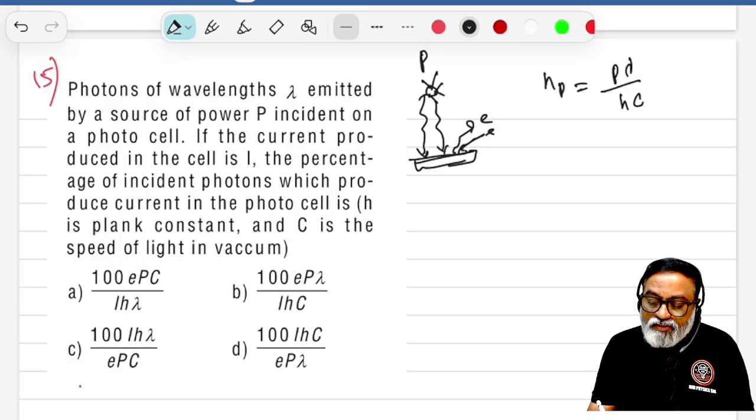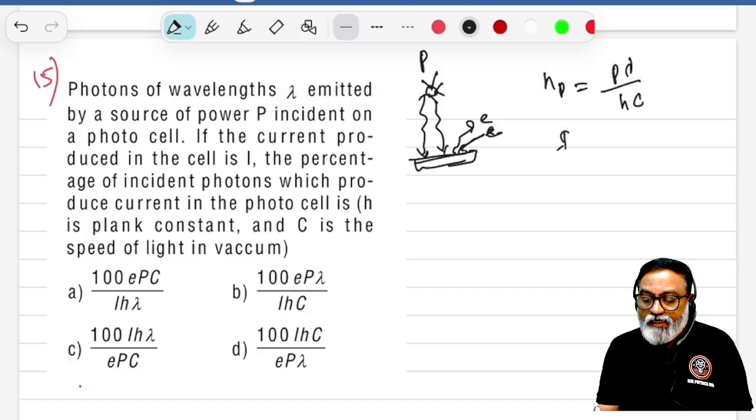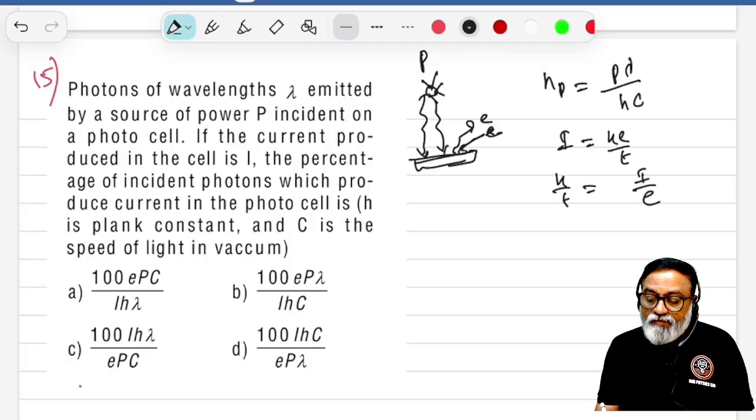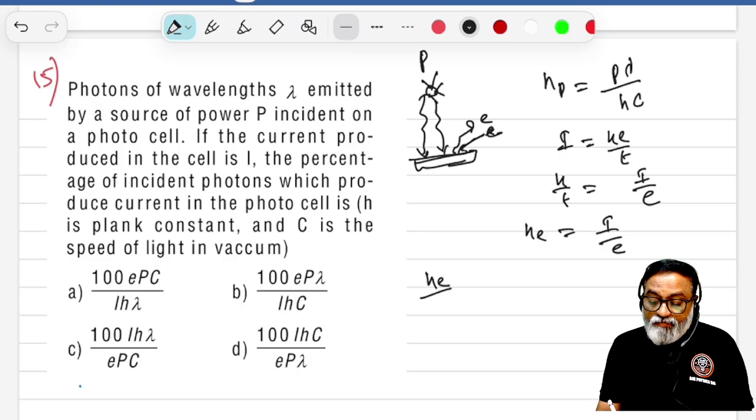Here, electrons are emitted from the photocell. Due to these electrons, photoelectric current I is equal to Ne by t. From this, N by t is equal to I by e. This number of electrons emitted per second, that is the photoelectric current, I am taking as Ne, which is equal to I by e. Here, the percentage of incident photons which produce current is Ne by Np into 100.